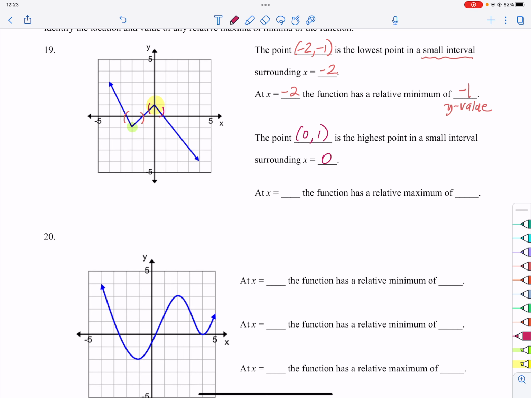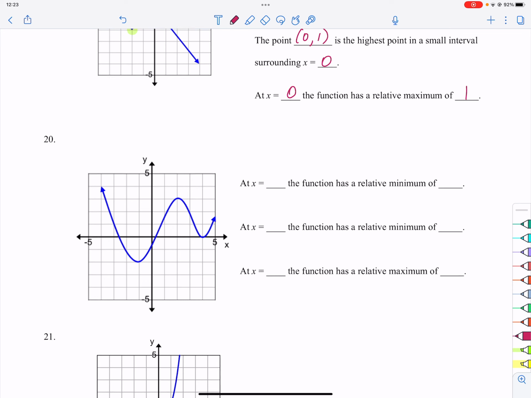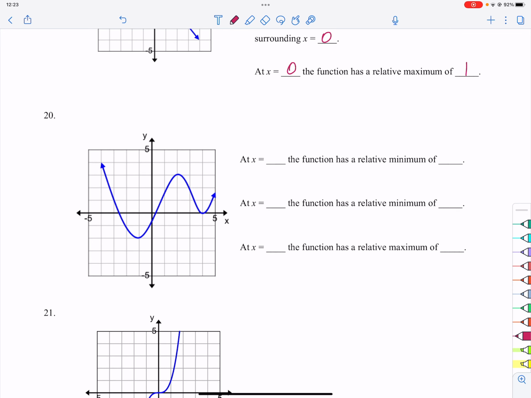So we can say that at x equal to 0, the function has a relative maximum of 1. Okay, let's look at the relative minima and maxima in number 20. I usually just like to highlight these little points. So there are our minimums, and there's our maximum. So let's go ahead and write those down.